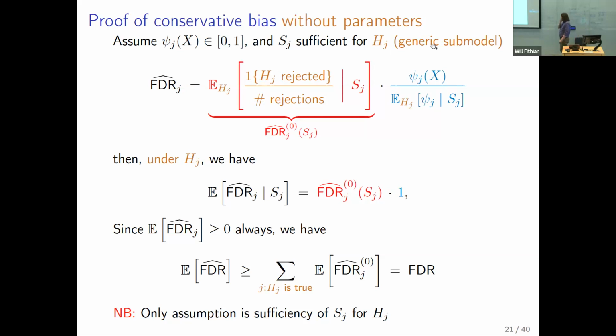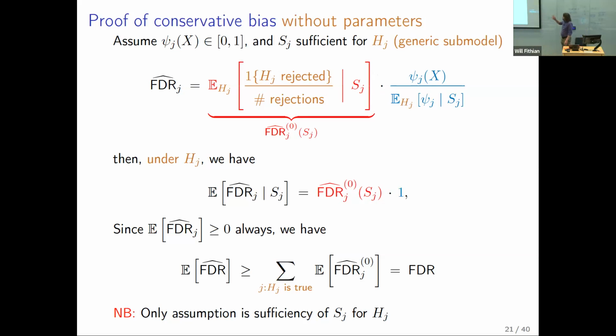For example, if you're familiar with model X knockoffs, we might have a very high dimensional regression with many more variables than data points, but what is assumed is that we know the distribution of the entire vector X. Then you can do a conditional randomization test where we can still get a legitimate p-value, and so there's still this Sj that we can find.